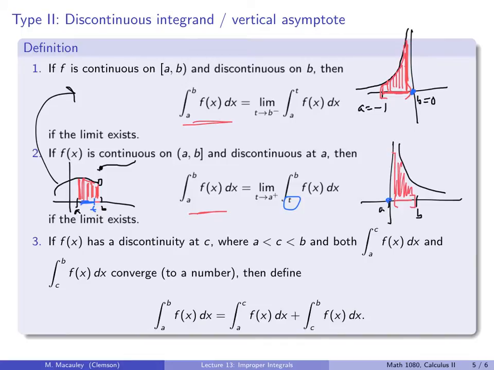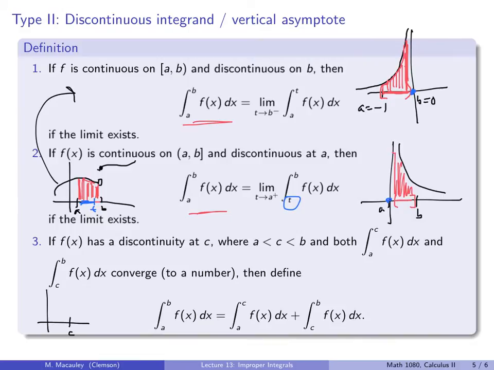And finally, if f has a discontinuity at C, which is between, so this is like before, this is putting these two things together. Suppose we want to integrate over a discontinuity.